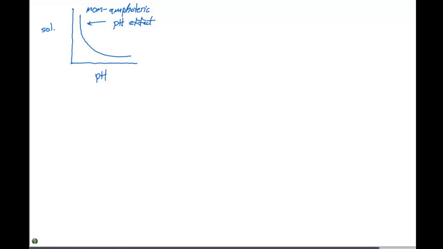But if we have an amphoteric salt, we see something that looks a little bit different. We have here our solubility on the y-axis and the pH on the x-axis, and just like the non-amphoteric salt, the solubility is going to drop, but we also see a spike back up that looks like this.